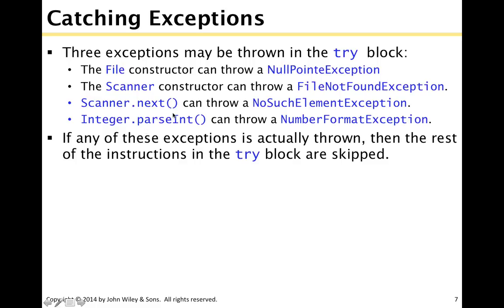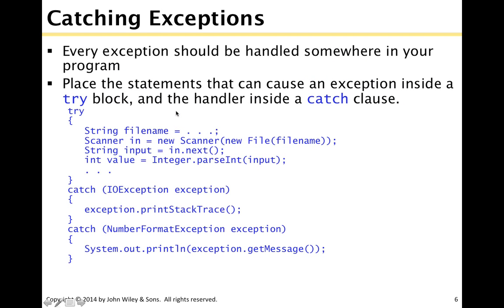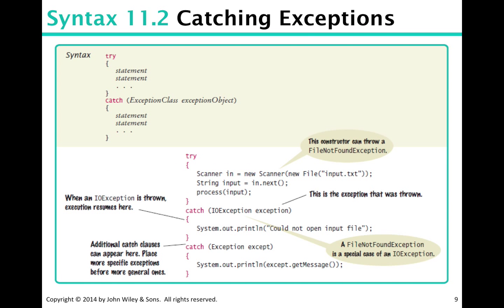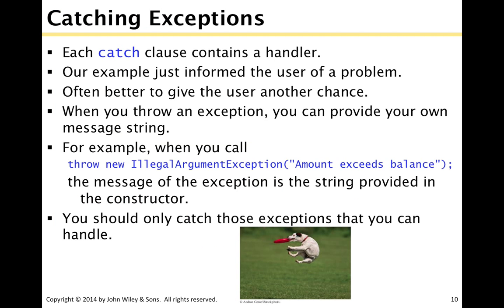But here, the Scanner's no such element exception comes from the next method call, but we don't have a catch block for it, so we have an error condition there. So a try block has those formats.